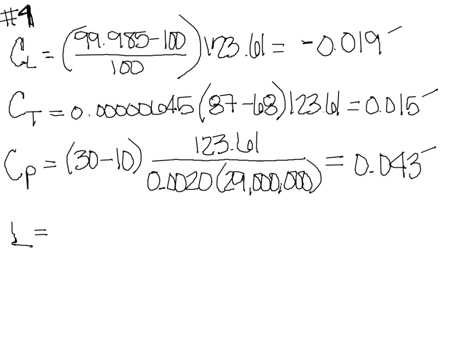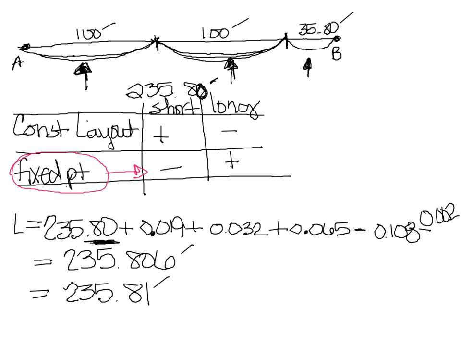So we have our original length that must be laid out of 123.61 feet. Now, so I don't have to draw it again. This time, I'll use green. This time we have a construction layout problem.